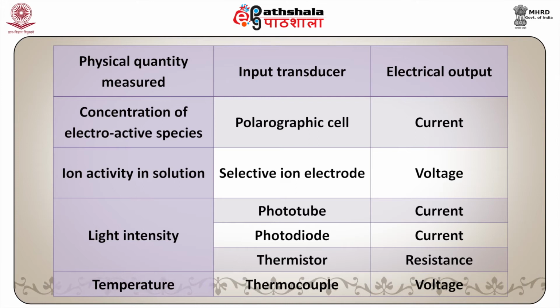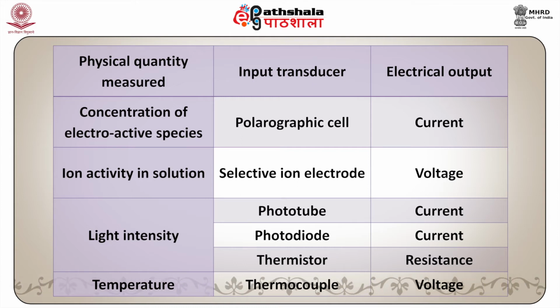Physical quantity to be measured: concentration of electroactive species. Input transducer is polarographic cell, and electrical output would be current. In case of ion activity in solution, input transducer will be selective ion electrode, and electrical output would be voltage.